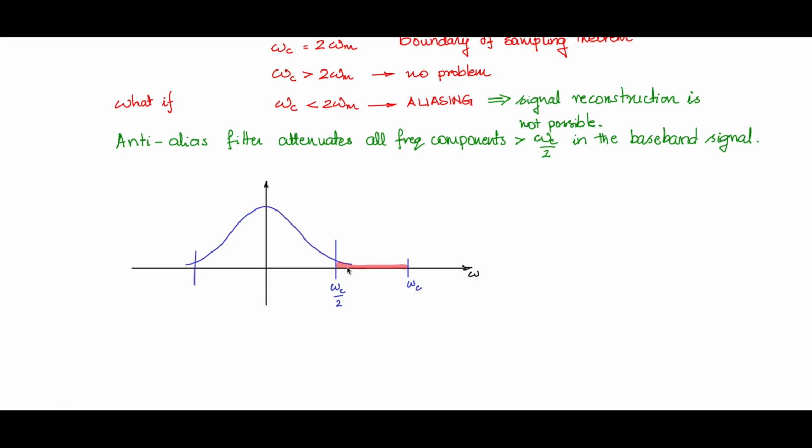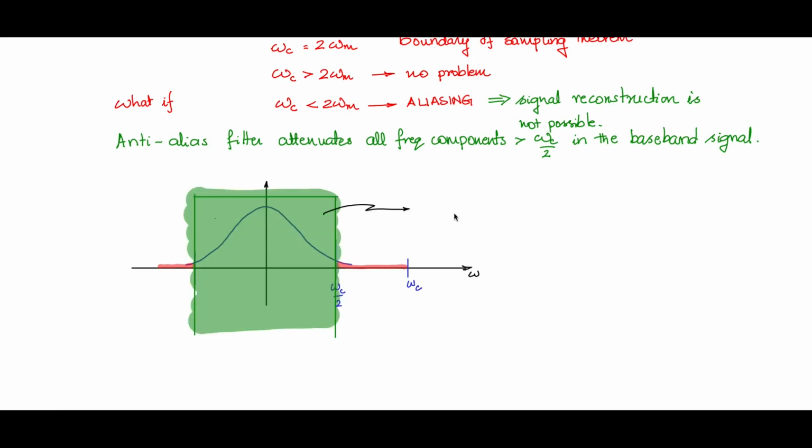So I have to attenuate that. Likewise on this side also. So I should have a filter in this manner which will eliminate all the frequency components beyond omega c by 2 and pass only the signals which are less than omega c by 2. Such a filter is called the anti-alias filter.